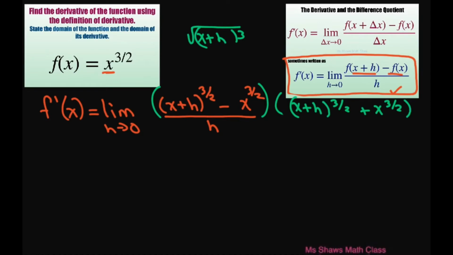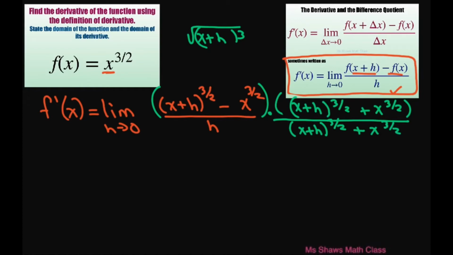But you also have to divide this by whatever you're multiplying the numerator by. So this is going to be x plus h to the power of 3/2 plus x to the power of 3/2, and we have this h.